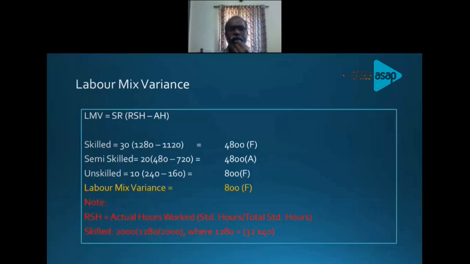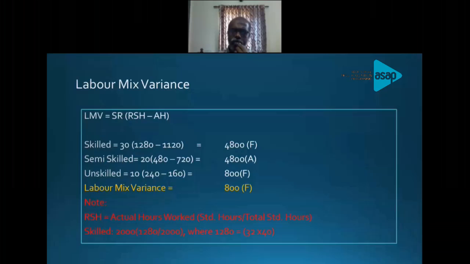Actually, the revised standard hours is computed when there is a difference between the standard and actual hours worked. The equation for revised standard hours is: revised standard hours is equal to actual hours worked into standard hours divided by total standard hours.